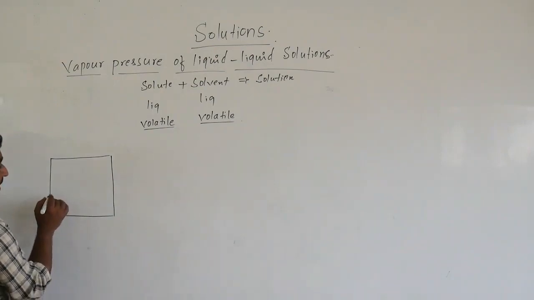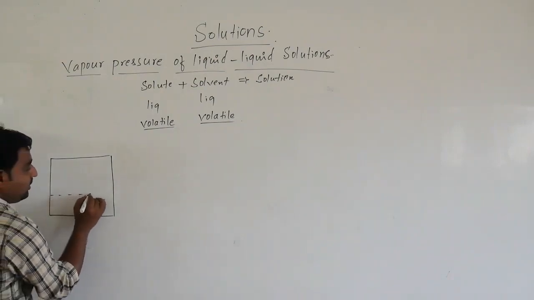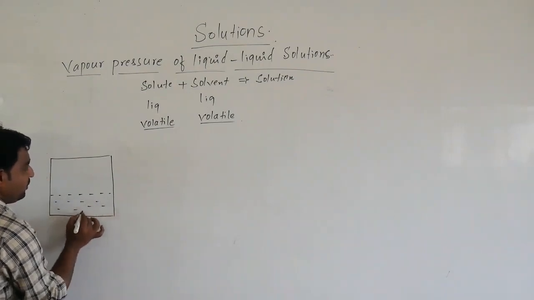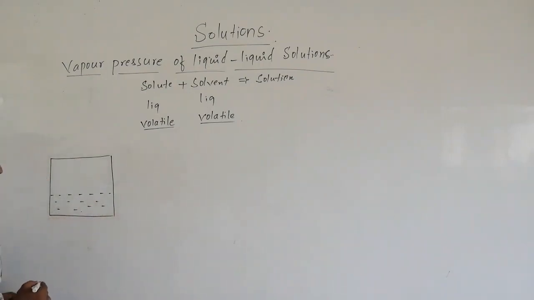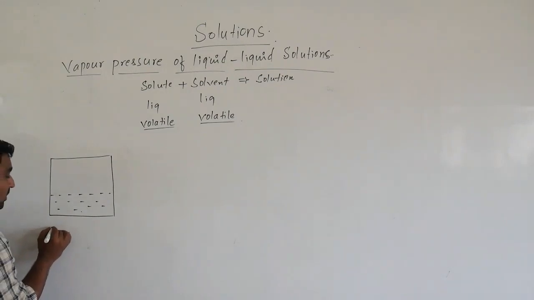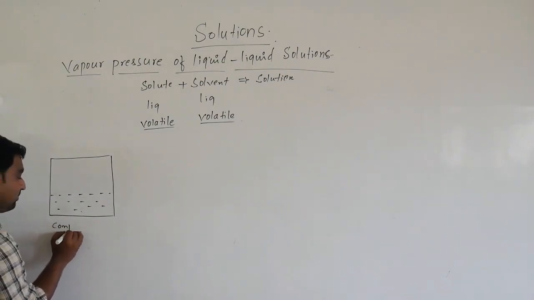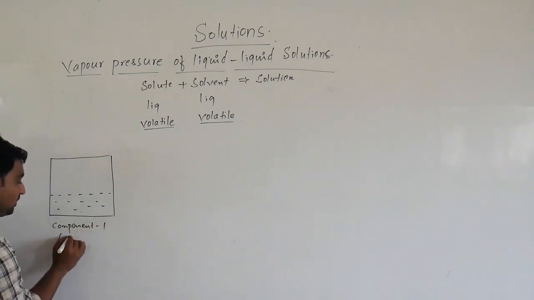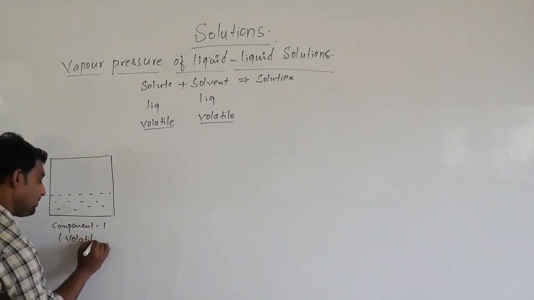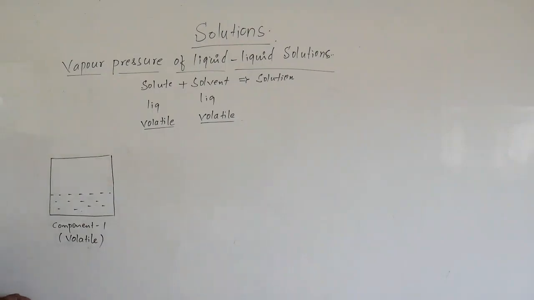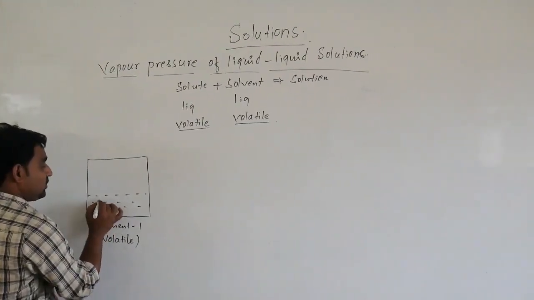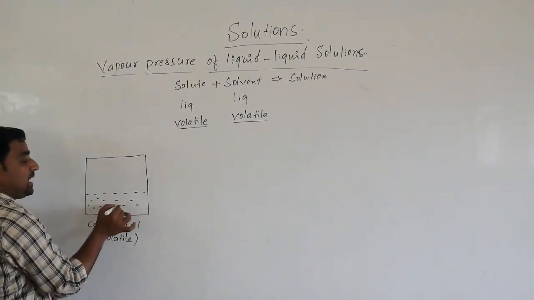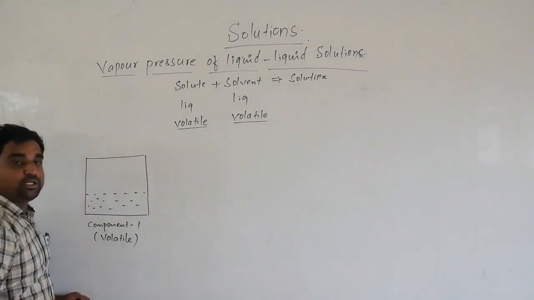So when we have taken a pure component in a closed vessel, you can call this component number 1. Component 1 is a volatile liquid. When we have taken the solution in a closed container, the solvent will start evaporation.